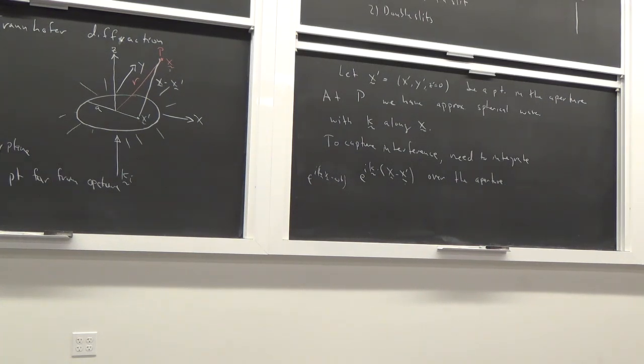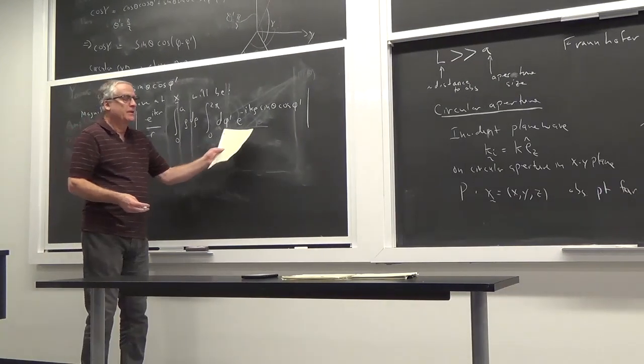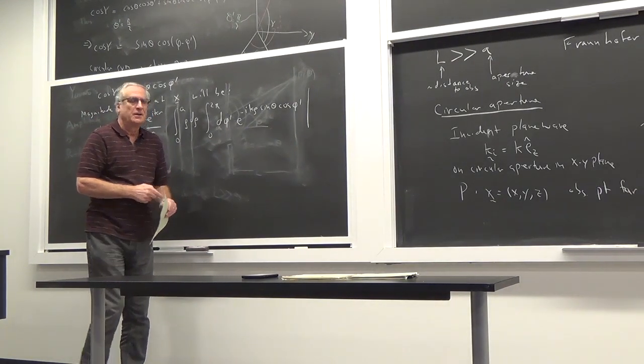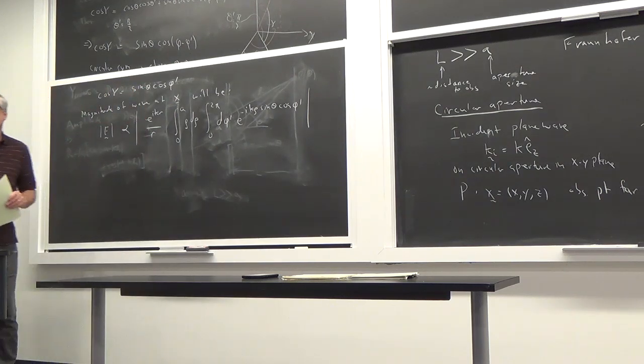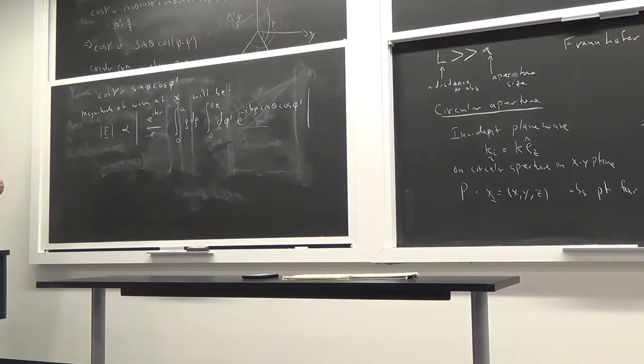Okay, so we stare at this integral. Well, you could probably do it with a series solution. We know what the series expansion for e is. If you do that, and if you look at the Bessel function notes, you will discover that you get the series expansion for the Bessel function.